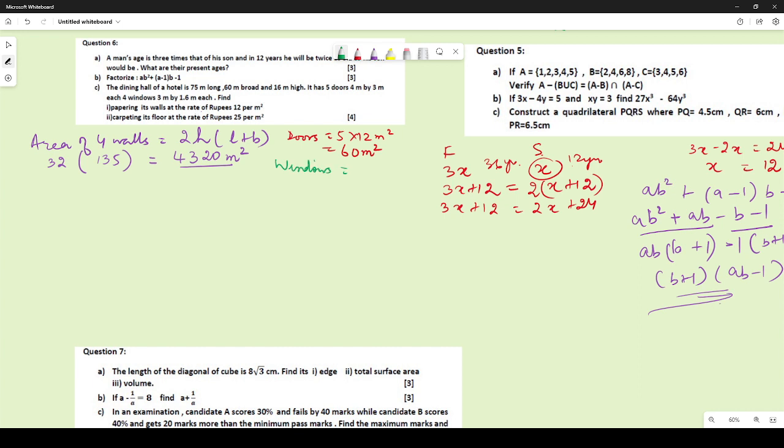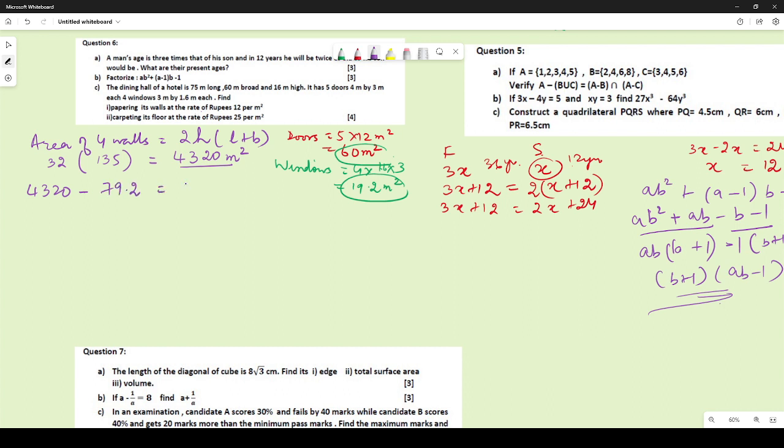Windows कितने हैं, 3 मीटर बाय 1.6 मीटर्स के 4 विंडोज है. तो 4 इंटू 1.6 इंटू 3, so that makes it 19.2 स्क्वायर मीटर्स. तो ये दोनों एरिया हमको इसमें से सब्ट्रैक्ट करना है 4320 में से, right? So when you subtract it, so what you get over here is 4320 minus 60 plus 19.2 is what?